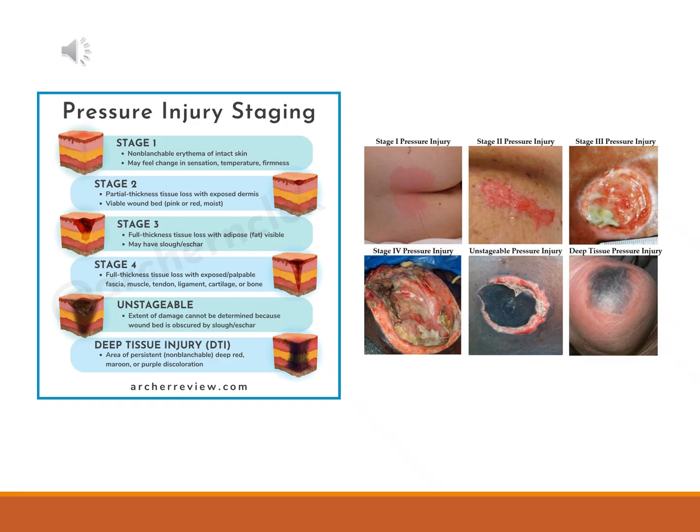For your deep tissue injury, that's the bottom right corner. A deep tissue injury oftentimes has a purple or maroon discoloration. There is typically intact skin, so it looks almost like a blood-filled bruise or blister. This is indicative of a deep layer injury that's occurring.